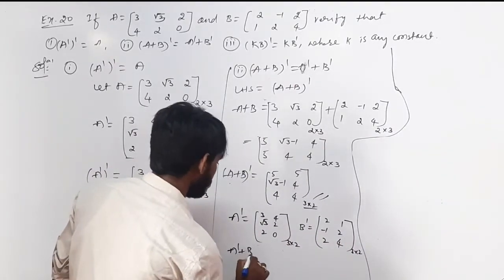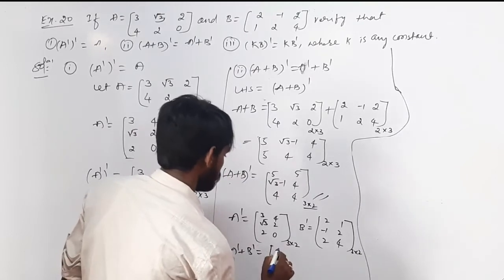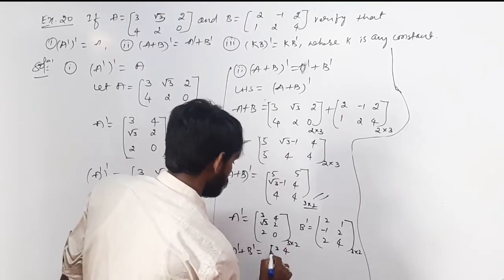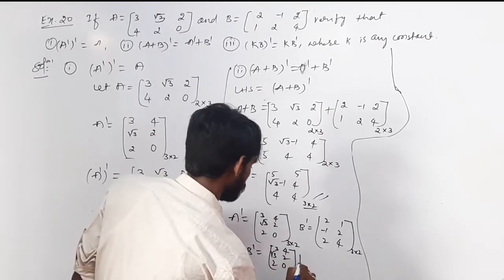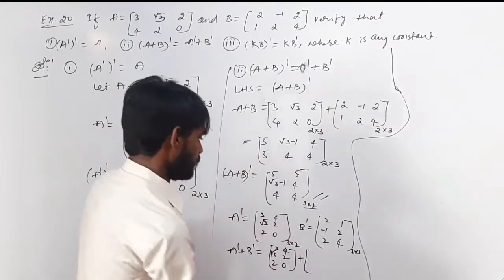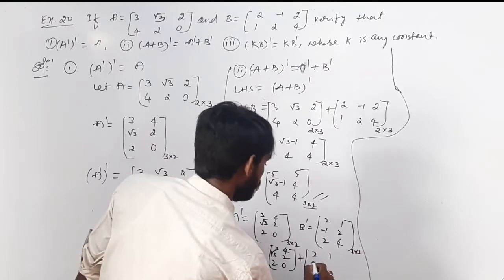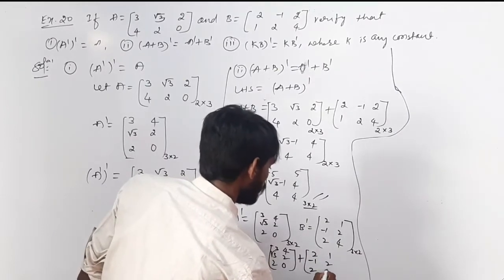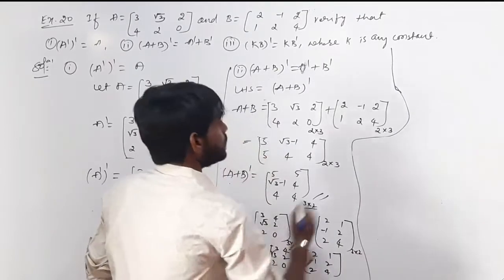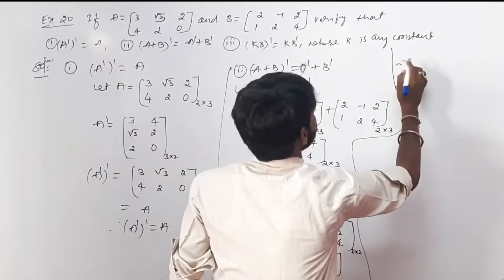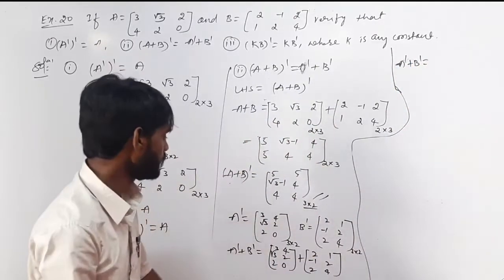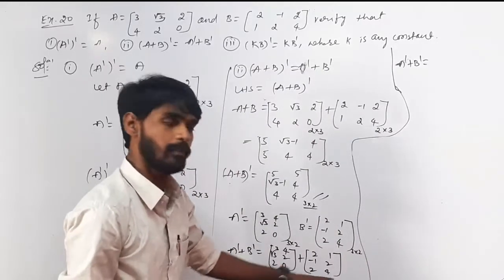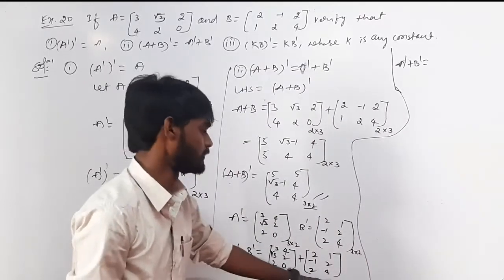Now we can add A dash and B dash. A dash plus B dash is equal to 3, 4, root 3, 2, 2, 0 plus B dash 2, 1, minus 1, 2, 2, 4. Look here, these two matrix orders are the same, that is 3 cross 2.